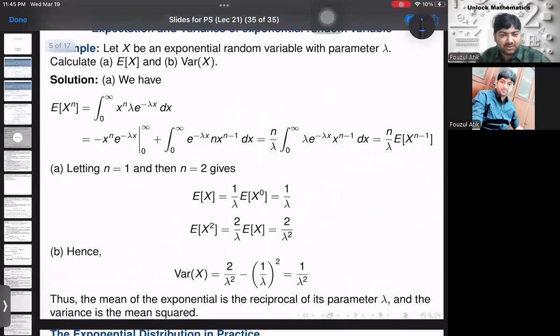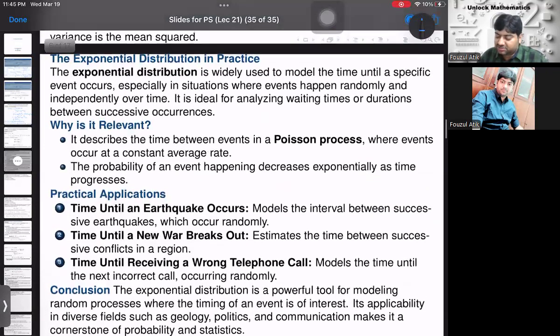Yeah, so this one we have already done. Then a few things about the exponential distribution. It is very widely used to model the time until a specific event occurs, right? And it is ideal for analyzing waiting times or duration between successive occurrences.